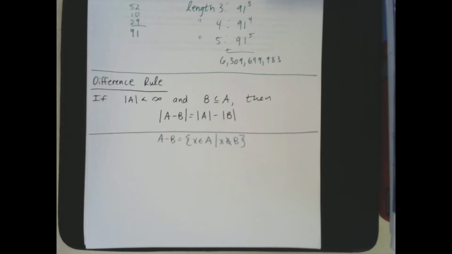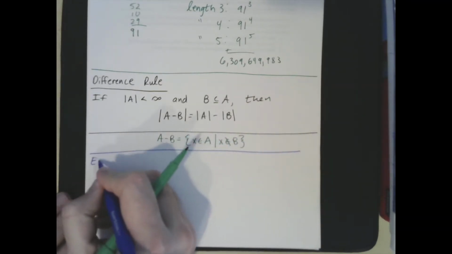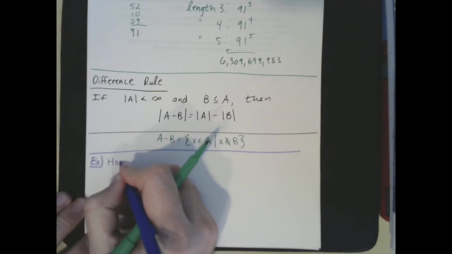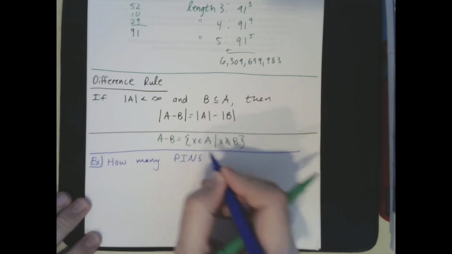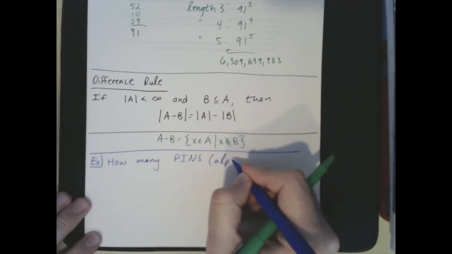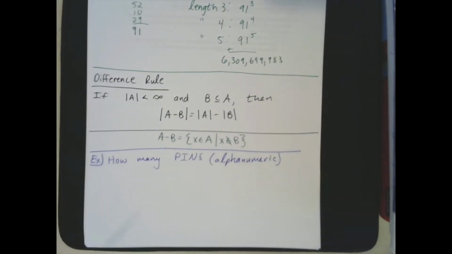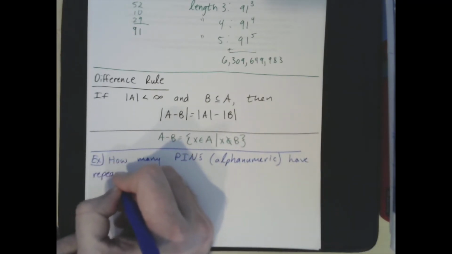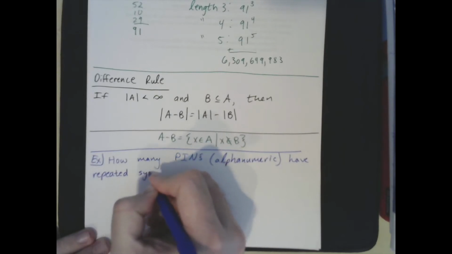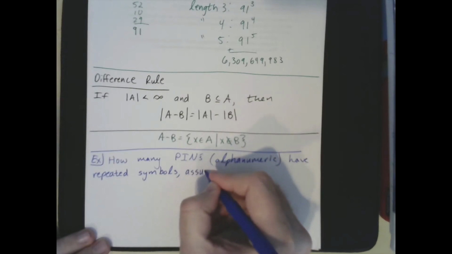So let's take a look at another example similar to what we just did, but we'll make it a little bit simpler. So how many pins, and we're going to allow for alphanumeric pins, have repeated symbols? We're going to assume no capitals are allowed.